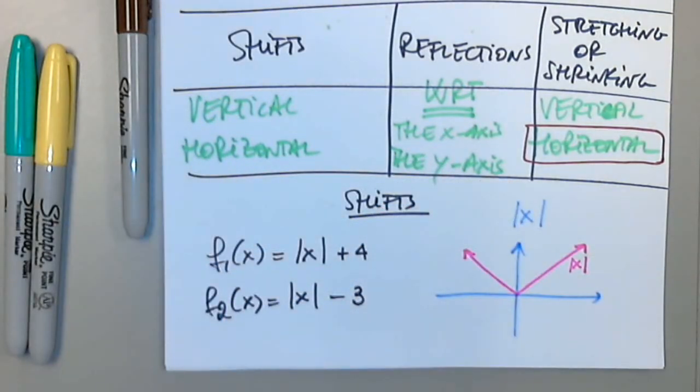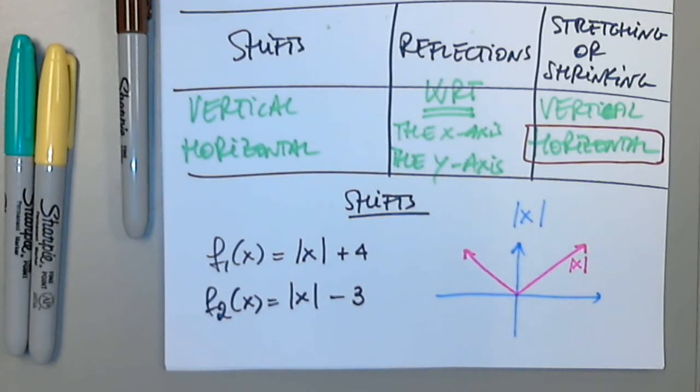So if this is the graph of the absolute value of x, where am I going? Exactly, because I'm changing y. When I'm changing y, I do this. When I'm changing x, I have to do this. But since we already decided that it's a transformation on y, and it's positive 4, it has to go up 4.